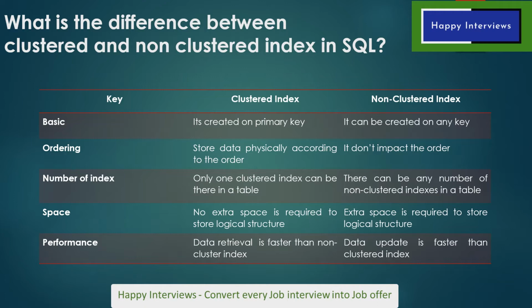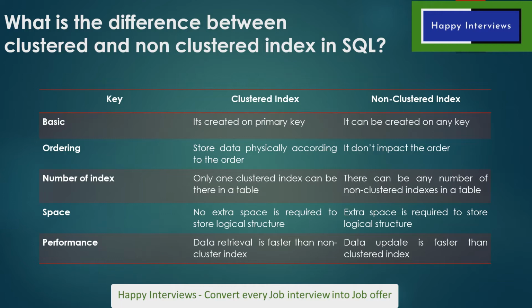We can summarize these points: clustered index should be used when we have to do data retrieval, like performing select operations on a table. Clustered index means using the primary key, it will be single, and it will store the data physically according to the order.